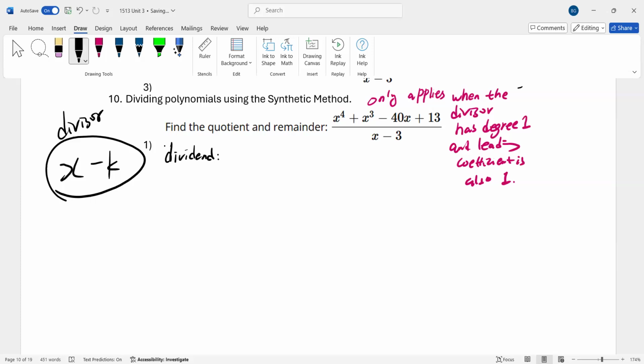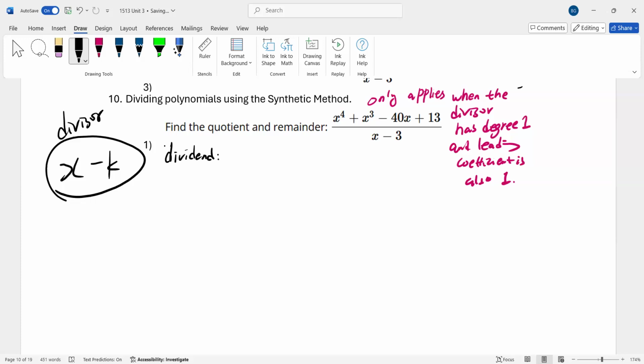I have a question. Is the dividend in standard form? Earlier, when we learned the long division method, I emphasized up front that you have to rewrite both dividend and divisor in standard form. The same applies to the synthetic method. Is the numerator dividend in standard form?